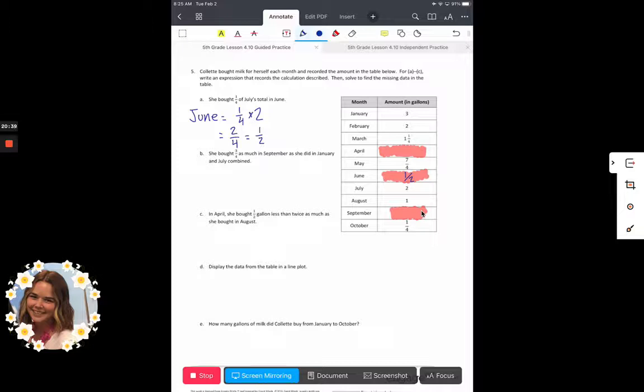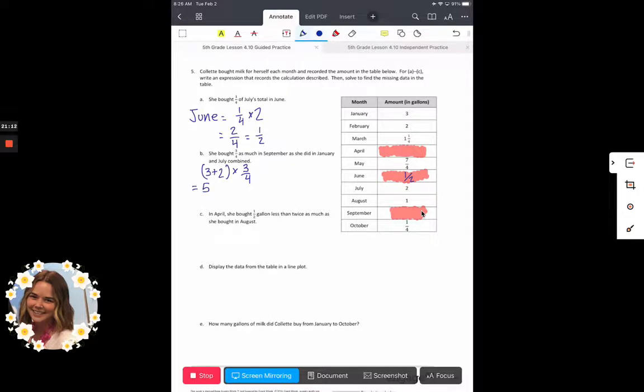Alrighty, so part B says she bought 3/4 as much in September as she did in January and July combined. So January and July combined is going to be our parentheses. And she bought 3/4 as much. So January was 3 plus July is 2.